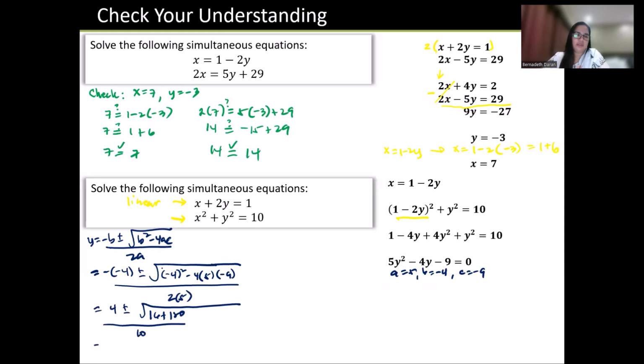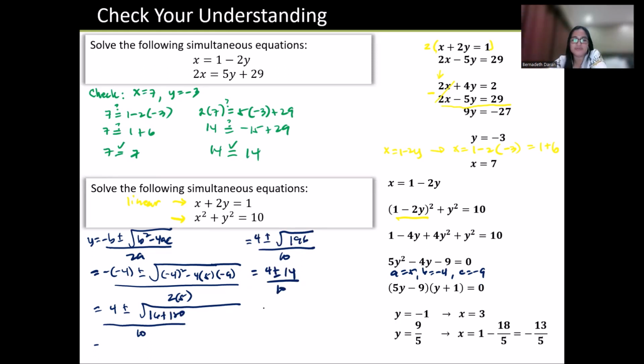And that is equal to 4 plus or minus 196 over 10. And what is the square root of 196? The square root of 196 is 14, right? So that's 4 plus minus 14 all over 10.